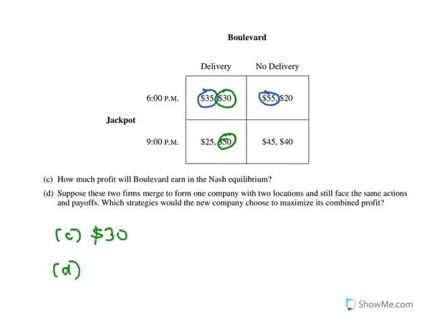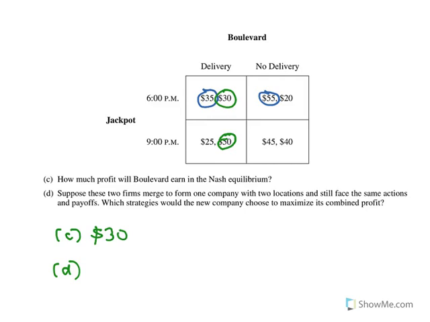For letter D, it says, suppose these two firms merge to form one company with two locations and still face the same actions and payoffs. Which strategies would the new company choose to maximize its combined profits? This question is worded funny, but all they're really asking is which box has the greatest sum in it. The first box, upper left, 35 plus 30 is 65.